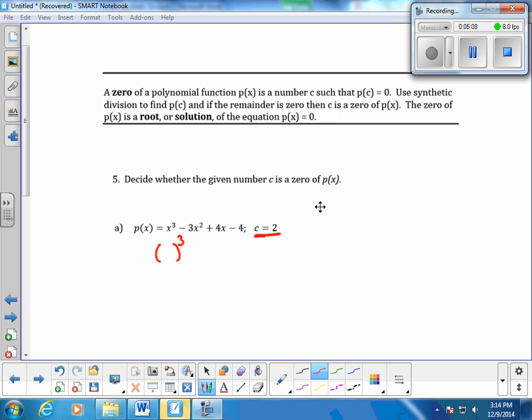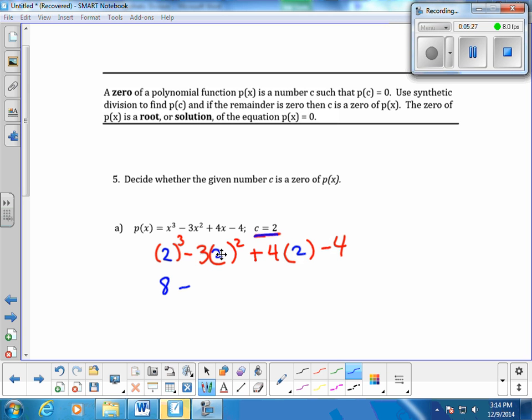2. So we're going to use the remainder theorem, and we have x cubed minus 3. Everywhere there's an x, put a parenthesis. Okay, and then we want to plug 2 in place of x. 2 times 2 times 2, 2 to the third power, is 8.